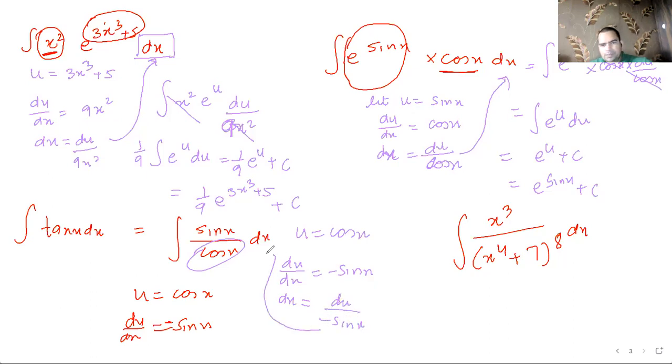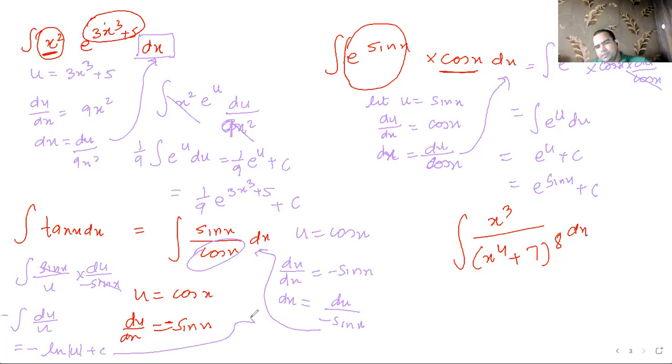And you substitute out here, so it'll become integration of sine x over u times du over negative sine x. So this cancels out, and you get negative du over u. Now, negative du over u will be negative ln u, because 1 over u integral is ln u plus c.